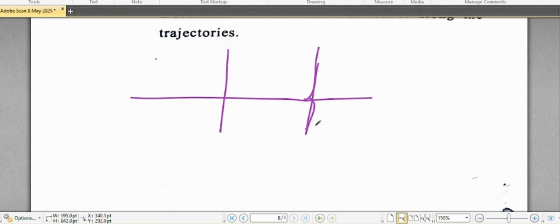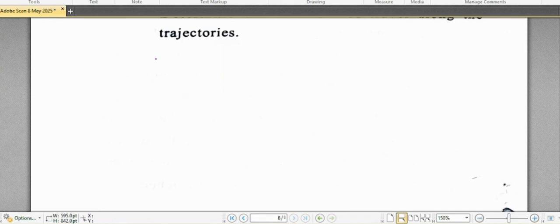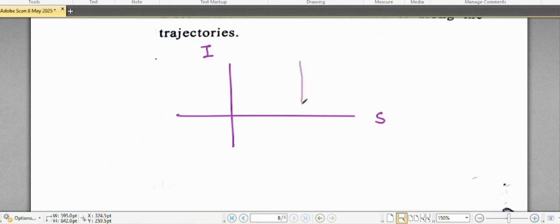So let me make a proper sketch here. If this is the s-axis, this is the y-axis, and this is, let's say, s equal to gamma by beta, then here the trajectory is going to take this arrow direction, and here it's going to take this arrow direction. So it's a standard question from modeling again.